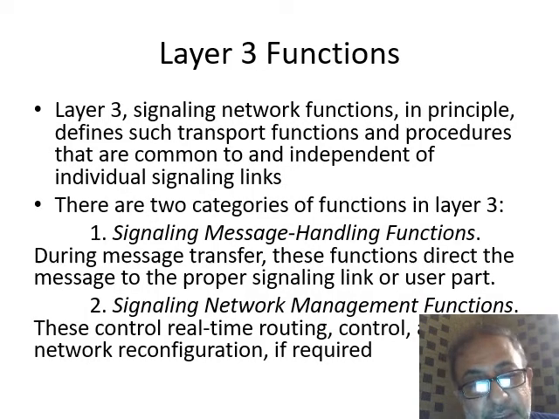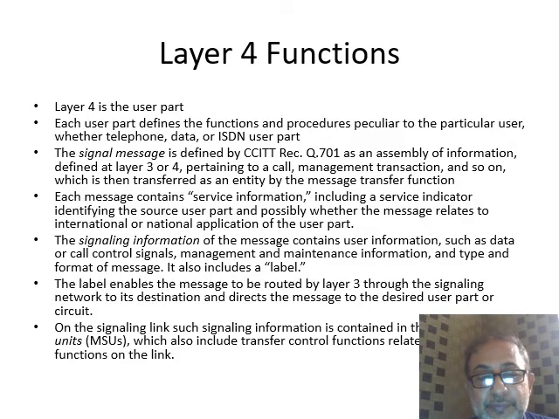Layer 3 has two major categories, as we have seen already in the diagram: the signaling message handling functions and signaling network management functions. Layer 4 basically has the user parts, which include the telephony user part, data user part, and ISDN user part.